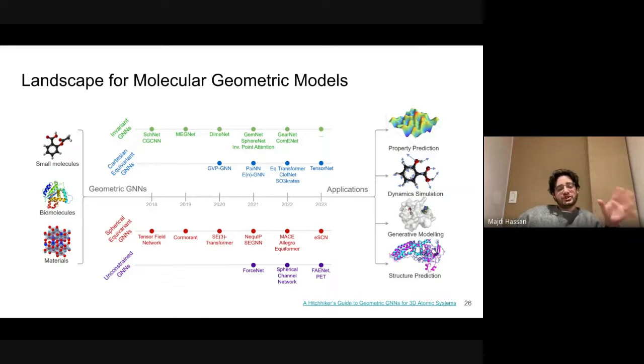So invariant GNNs, remember, we've pre-computed these bond lengths, bond angles, torsion angles. These are the differences between these models through time. But Cartesian equivariant GNNs, instead of computing these properties, constrain the message passing in a way that preserves the symmetry.